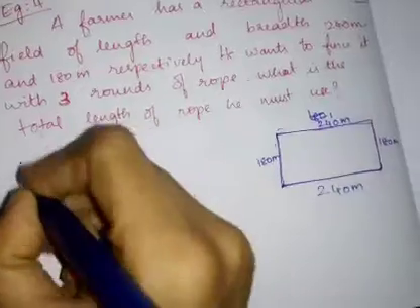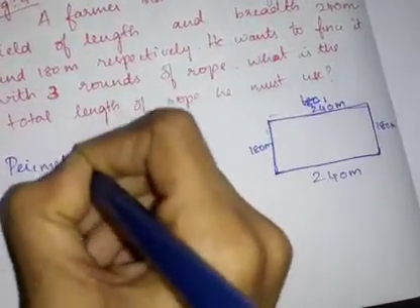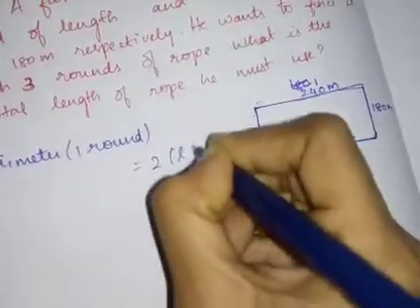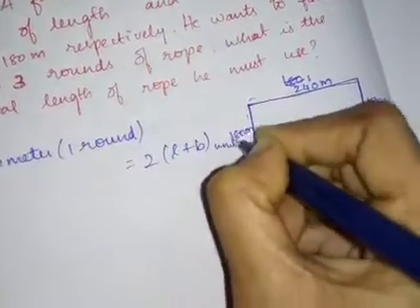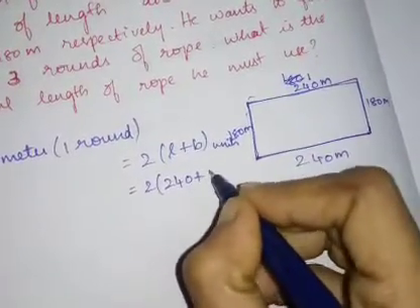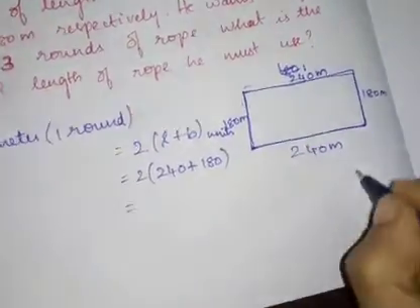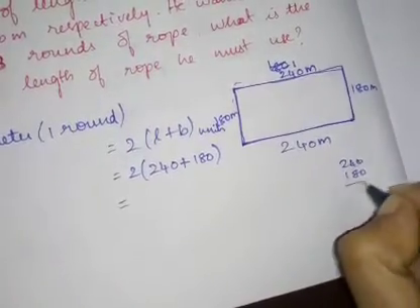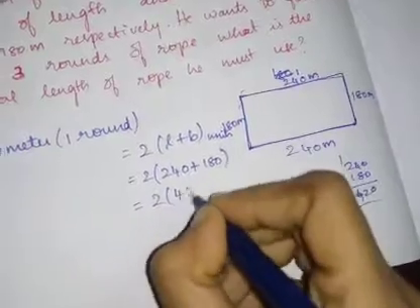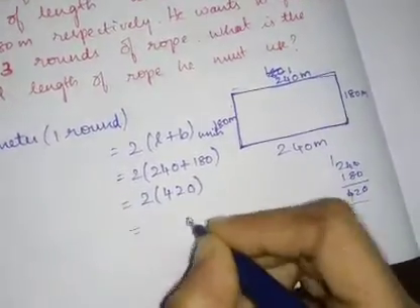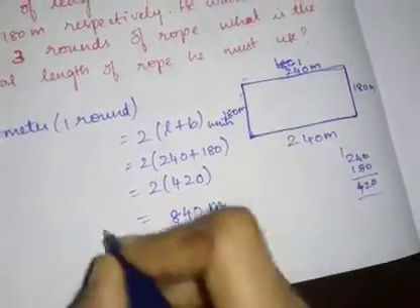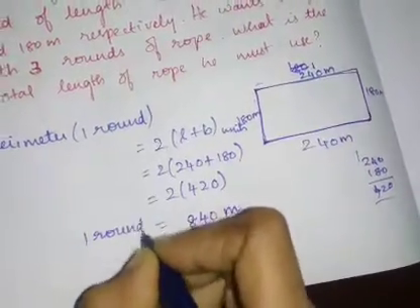First, perimeter is nothing but one round of fencing. Correct? That is 2 into L plus B units. 2 into, L is 240, breadth is 180. So 240 plus 180 is 420. 2 into 420, 2 twos are 4, 4 twos are 8, so 840 meter is for 1 round of fencing.